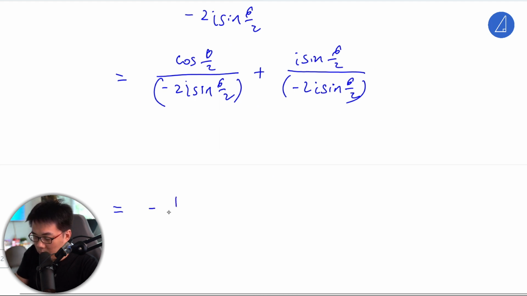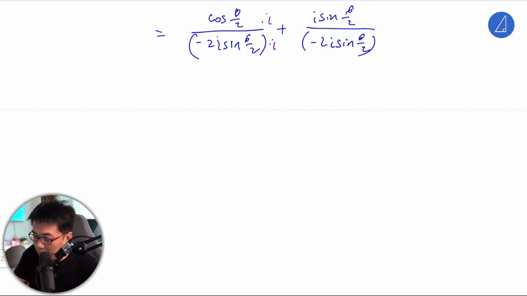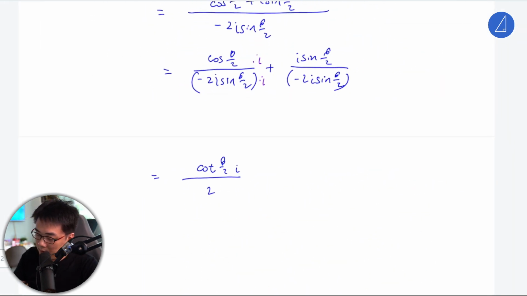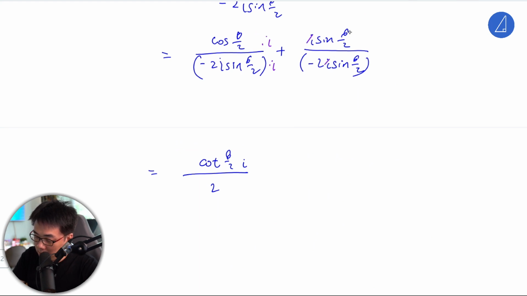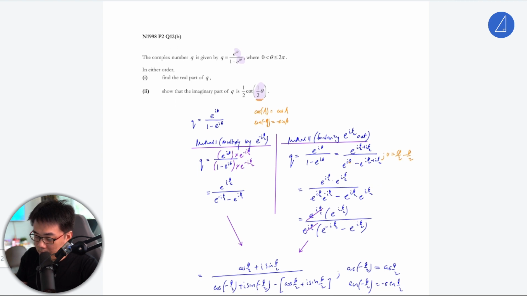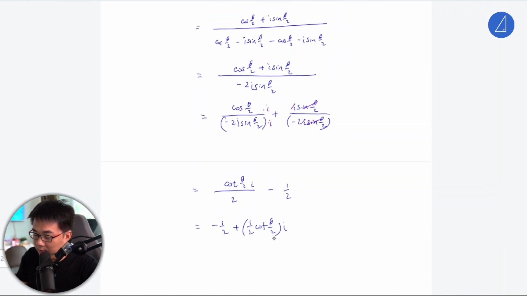Maybe I just multiply the bottom with i and the top with i to get rid of the i there, so that will be cot theta over 2 over 2i squared. Then on the other side, I cancel these off, and that will be minus half plus half cot theta over 2 times i. So the real part of Q is negative half, and this is the imaginary part.